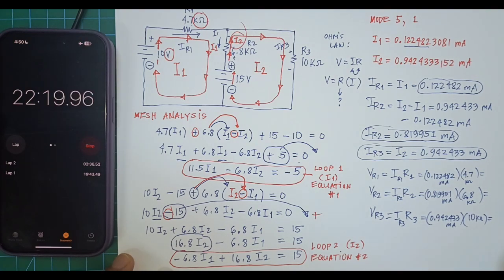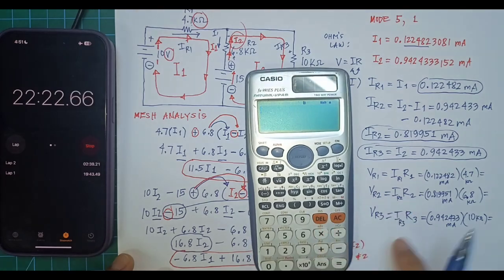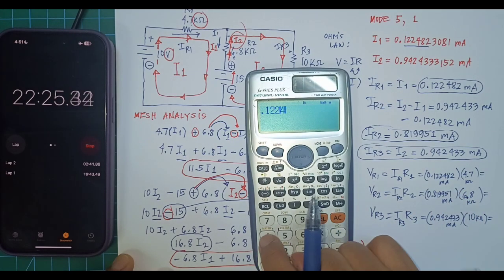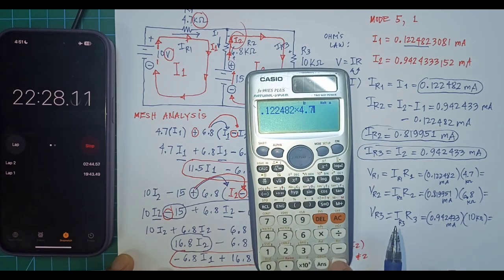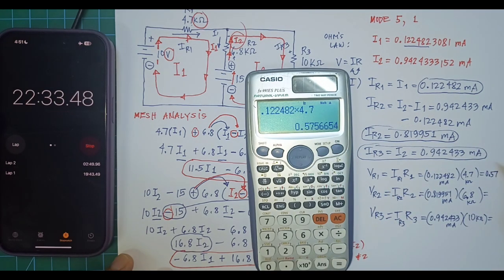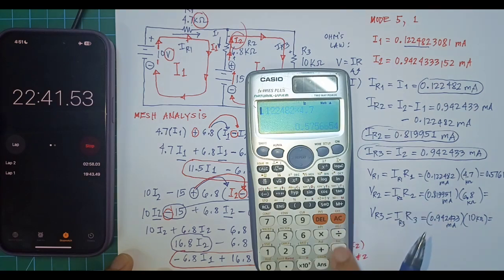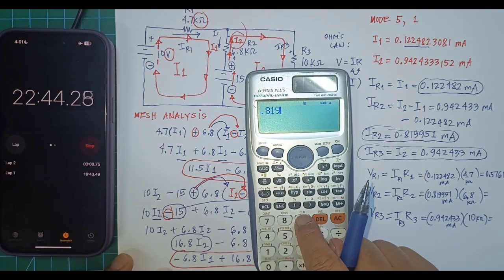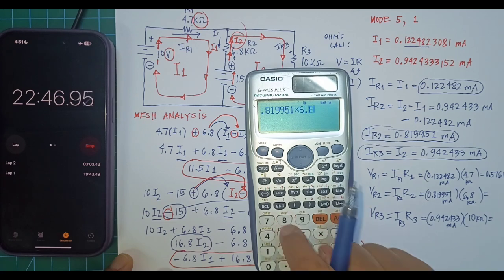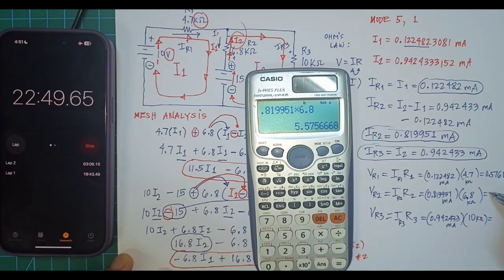Now let's see what would be the answer here. Let's multiply 0.122482 by 4.7, we will get 0.575665, so 0.576 volts. And then 0.819951 multiplied by 6.8, we will get 5.5756, so 5.5756 will be 5.576.